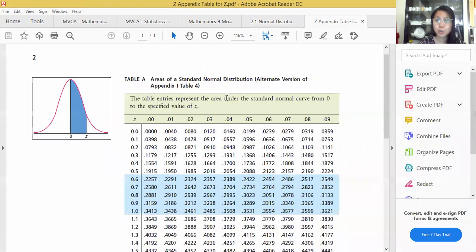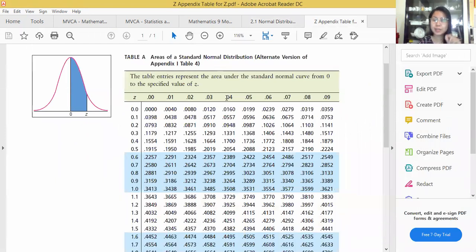Here, this is what we call the Z table. There are 2 kinds. It can be the alternate version, or the other is the cumulative version. For this class, we will use the alternate version. And you really need to keep a copy of the Z table, if you can print it, better, because every now and then we will be using our Z table.